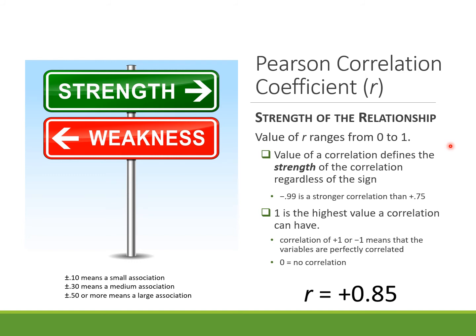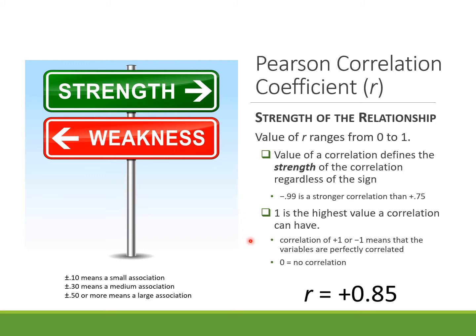So the value of the correlation defines the strength of the correlation regardless of the sign. Even though negative 0.99 is negative, it is a stronger correlation than positive 0.75 because it is closer to the absolute value of 1. 1 is the highest value a correlation can have.